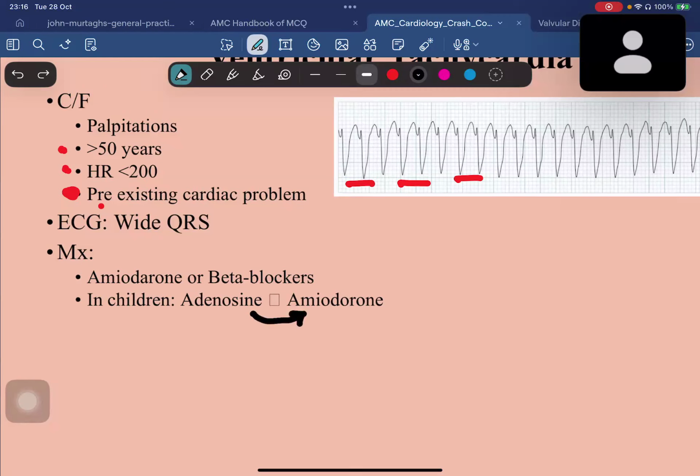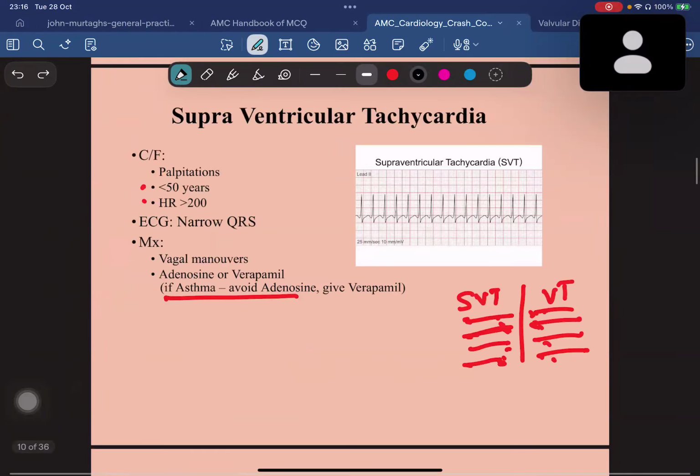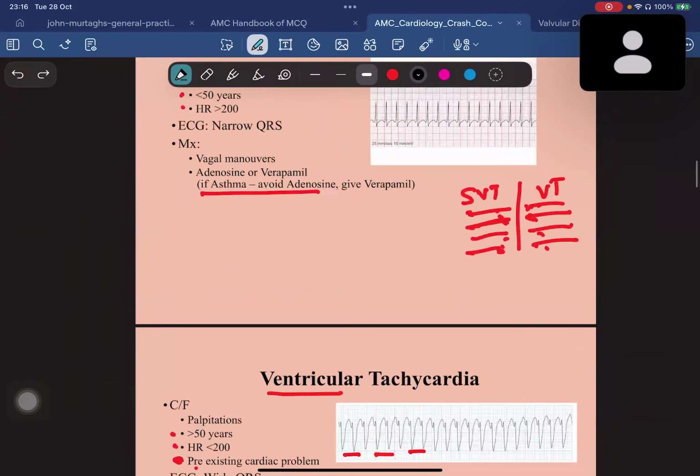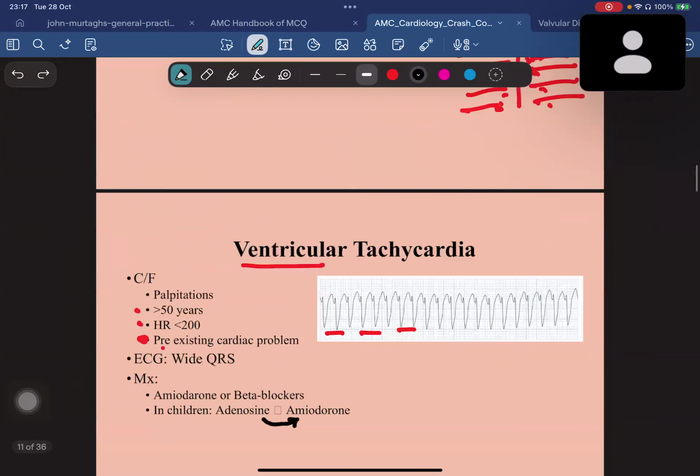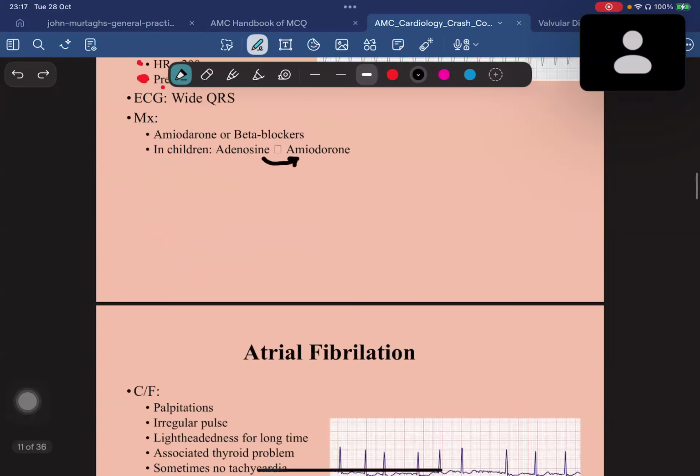So they would give adenosine first and then give amiodarone. This is for children. But the place where we gave adenosine first straight away was supraventricular, and that was for adults. So, obvious ECGs, that is that. Just remember wide and narrow. You'll remember the rest eventually.